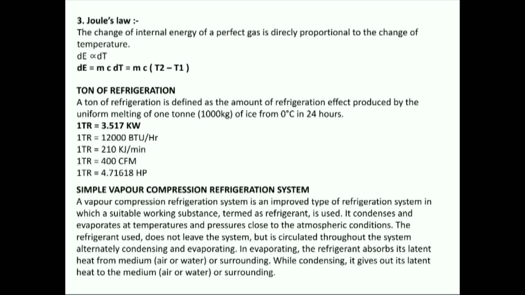The refrigerant used does not leave the system, but is circulated throughout the system, alternately condensing and evaporating. In evaporating, the refrigerant absorbs its latent heat from medium air or water or surrounding. While condensing, it gives out its latent heat to the medium, air or water, or surrounding.